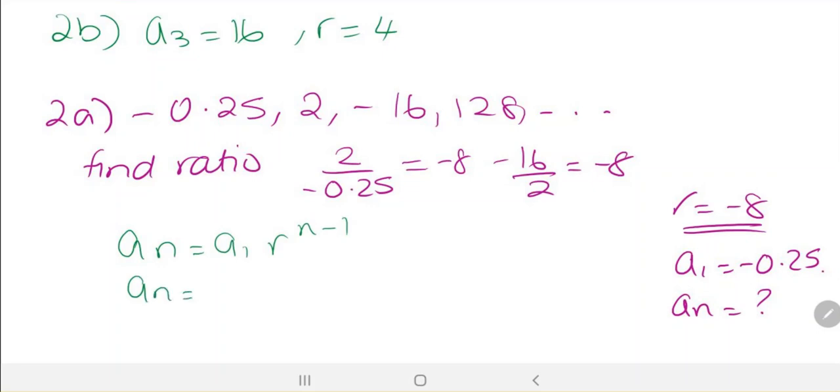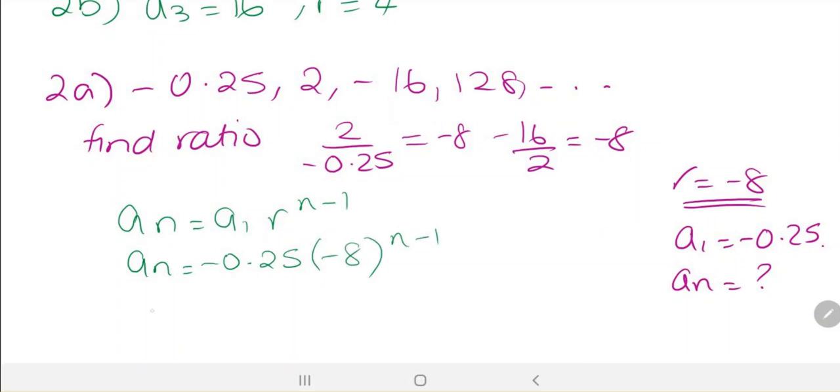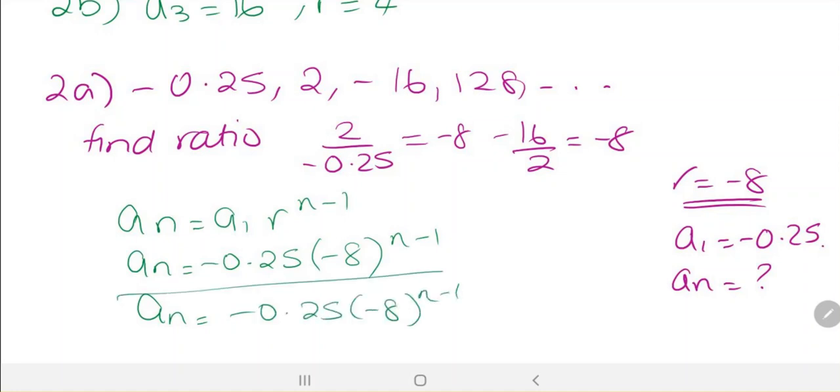The first term is negative 0.25, the ratio is negative 8, and this is to the power of n minus 1. And we just need to write this as a final answer: negative 0.25 times negative 8 to the n minus 1. So that is the formula.